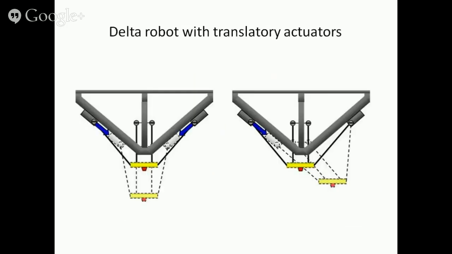Delta robots may also have translatory actuators. That means these elements are moving in a linear form or translatory forms. Such a delta robot is usually equipped with pneumatic cylinders.